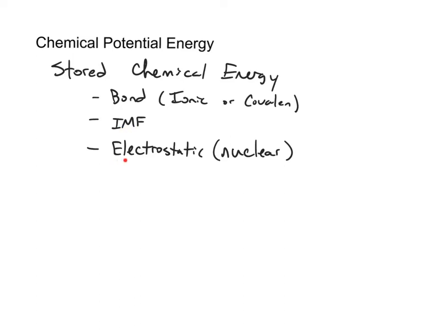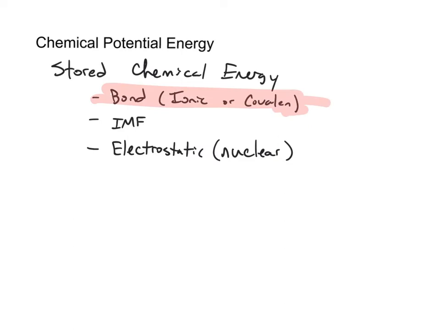And finally, the last one is electrostatic, and that is like the positive-negative attraction between the nucleus and the electrons or even the protons and the neutrons in the nucleus. That's the stored nuclear energy, and obviously we can talk about that at a later date and time as well, but we're mostly going to be talking about it in the form of bonds of chemical reactions.